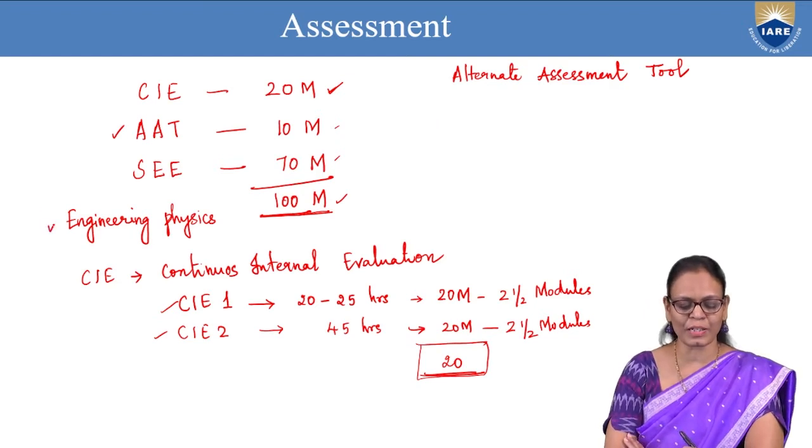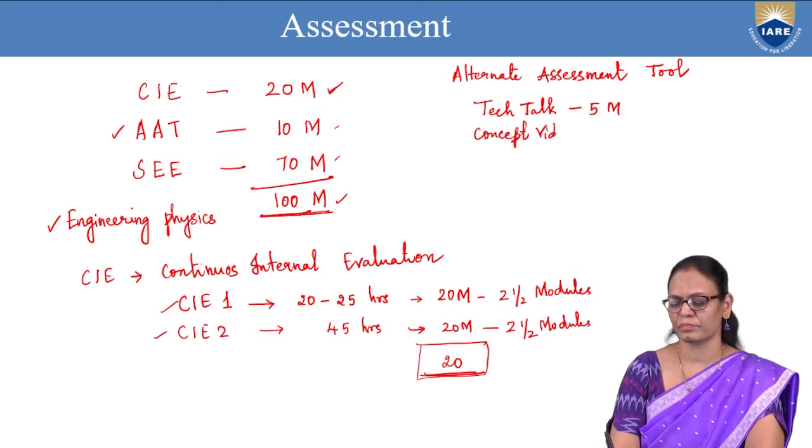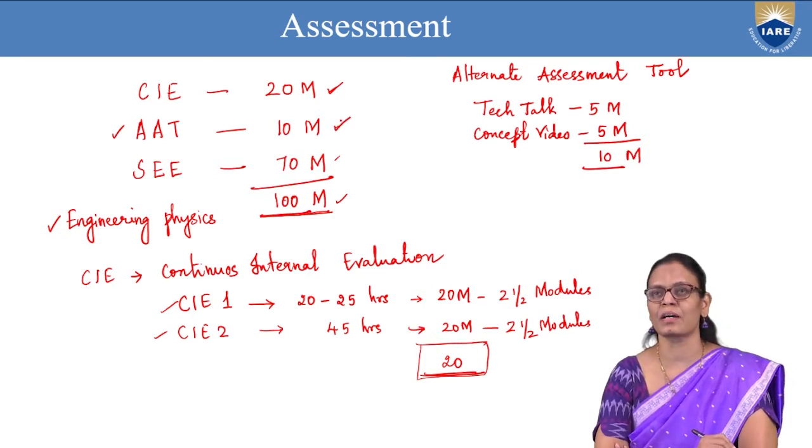But for this particular course, you have tech talk for 5 marks and concept video for 5 marks. So total put together will be for 10 marks. So the AAT will be for 10 marks.